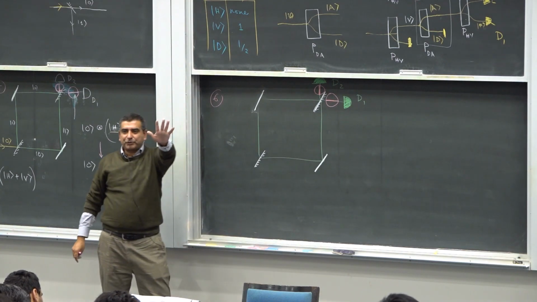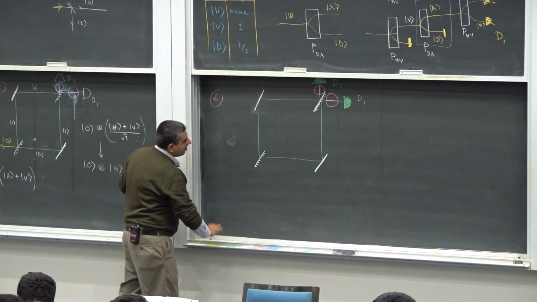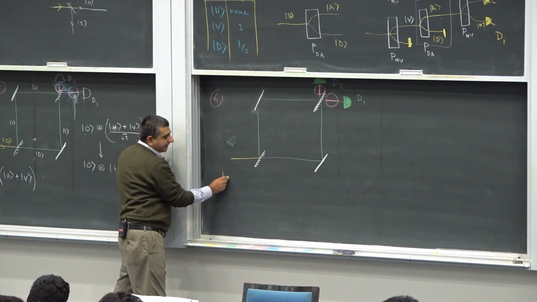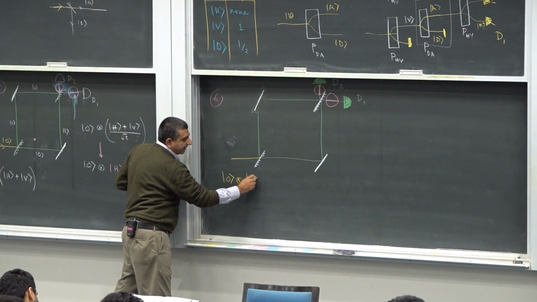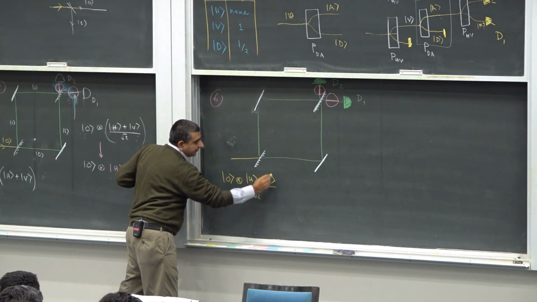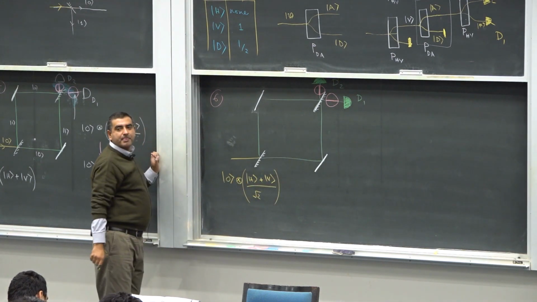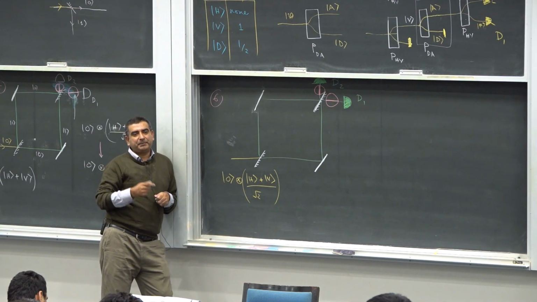Now I would like to do a twist. I input a photon in the state ket 0 crossed with the diagonal state. This is my input, and now inside the interferometer, I place polarizers.